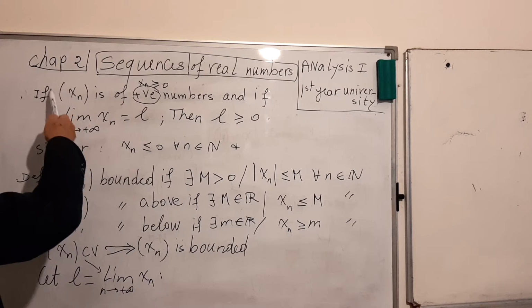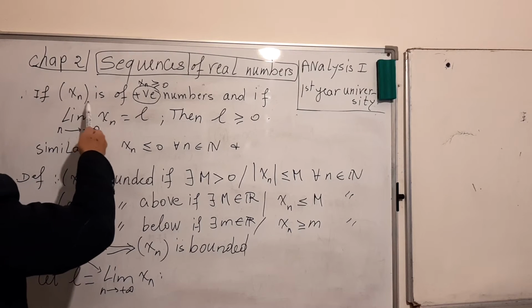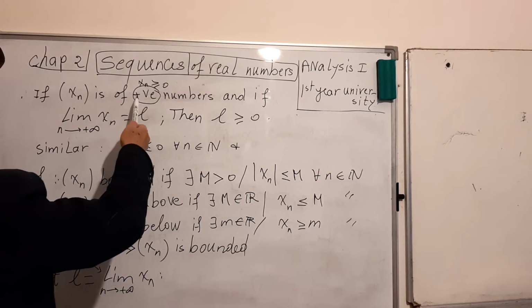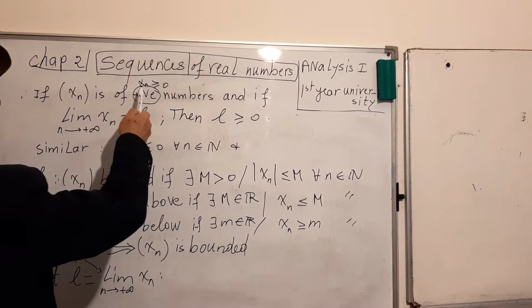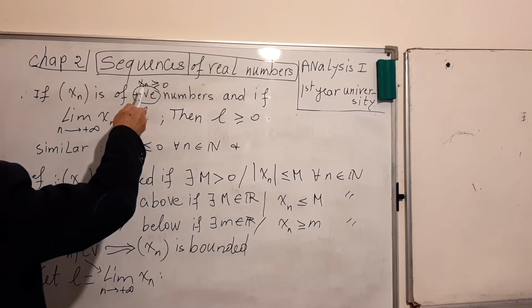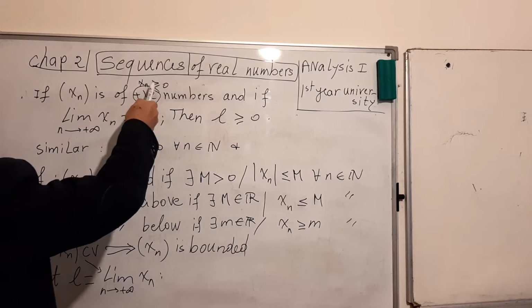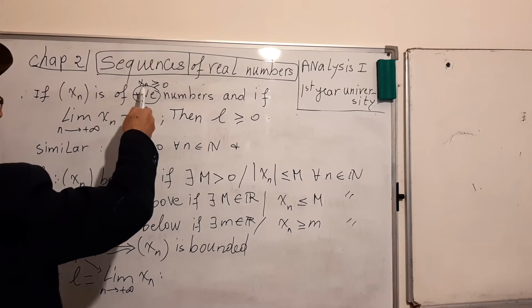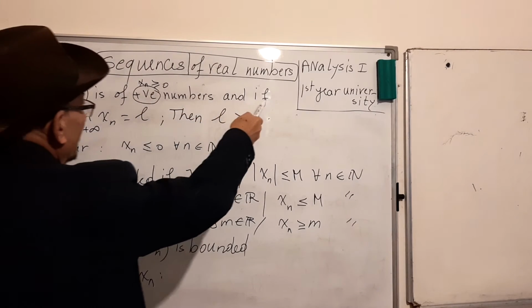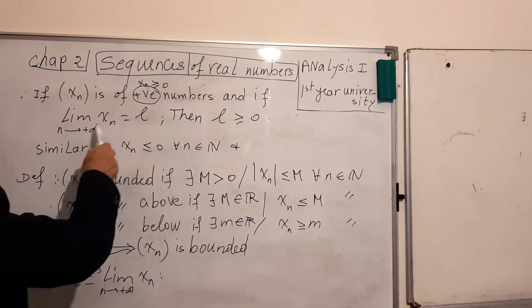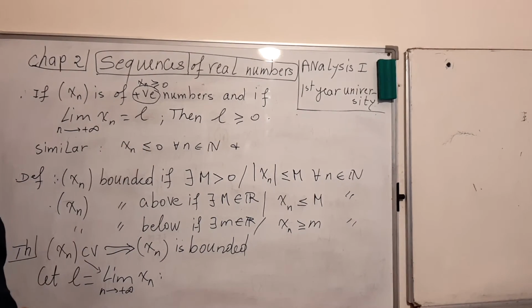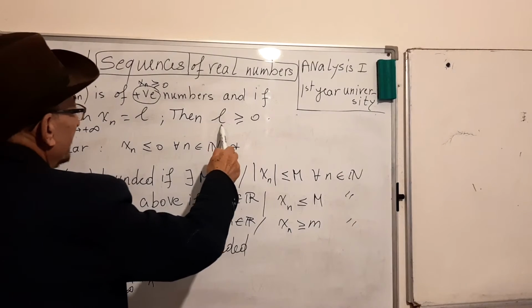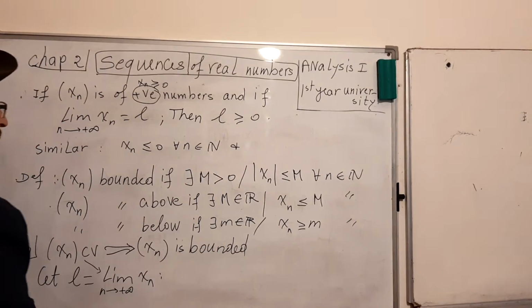Remarks: if the sequence xn is of positive numbers, means that xn greater or equal to 0 for every n, and if limit of xn equal L, then the limit is greater or equal to 0.